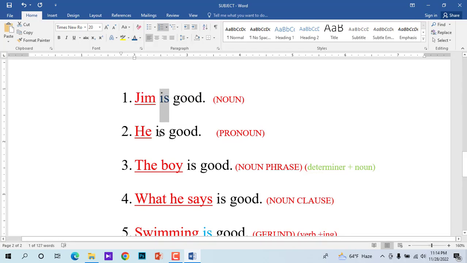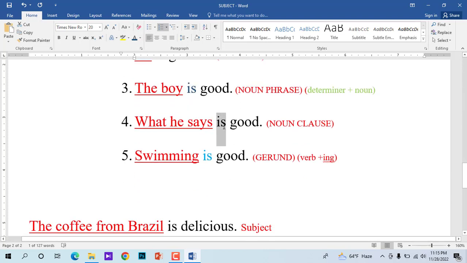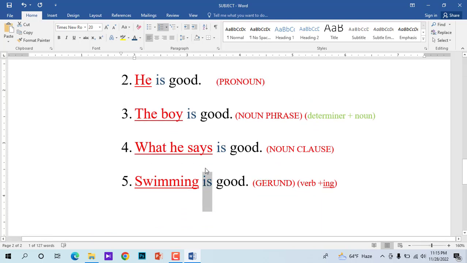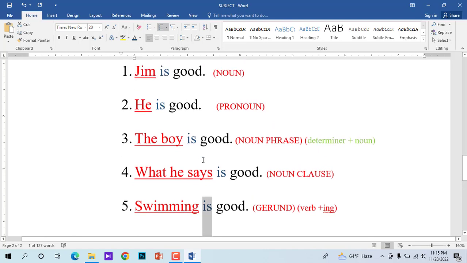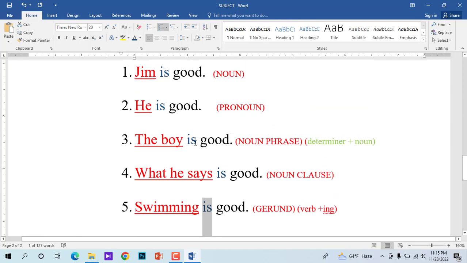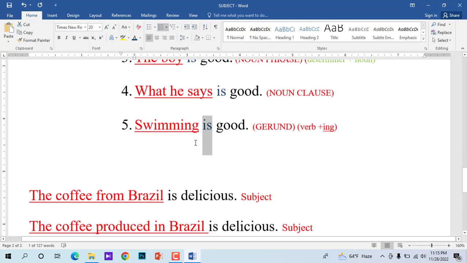This is the finite verb of the sentence. These are finite verbs. Here all the is and are are finite verbs in the sentences. If you want to identify the subject, you have to look at the finite verbs, and the subject always comes before the finite verb in a sentence.